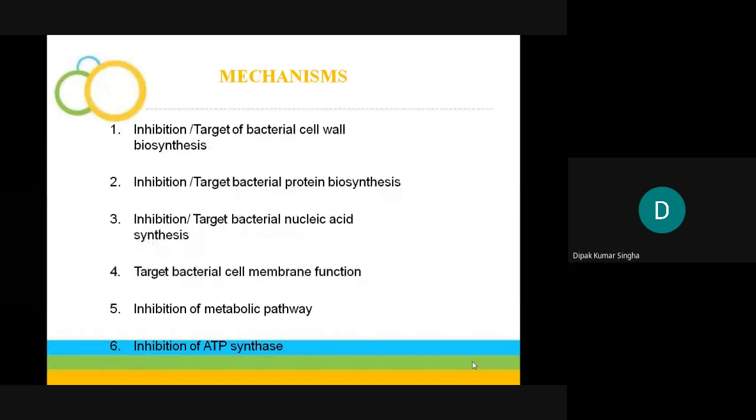By this mechanism, you do not directly inhibit protein synthesis, cell wall synthesis, cell membrane synthesis, or nucleic acid synthesis. It directly stops a particular step of a metabolic pathway, such as glycolysis. If glycolysis stops, the Krebs cycle will not occur, so ultimately energy will not be provided, and less energy leads to the death of the microorganism.